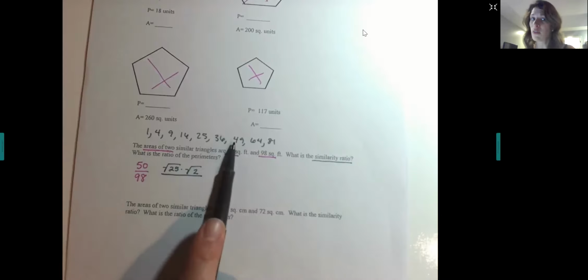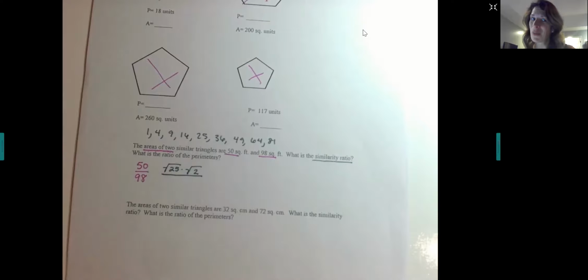Hopefully you can see 98 close to 100. So 49 would be a perfect square, because the square root of 49 times the square root of 2 is equal to 98.